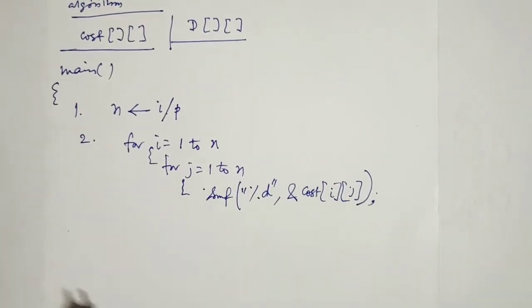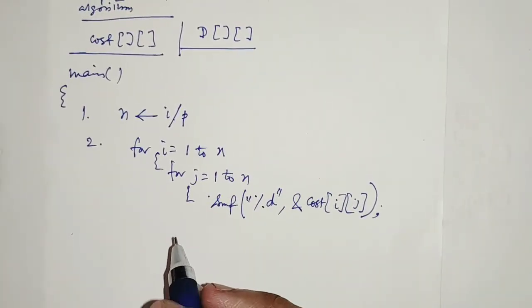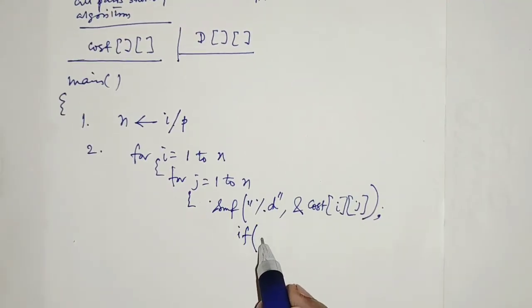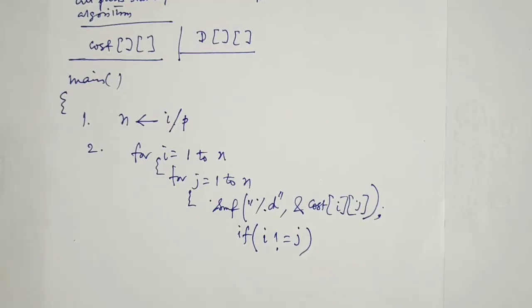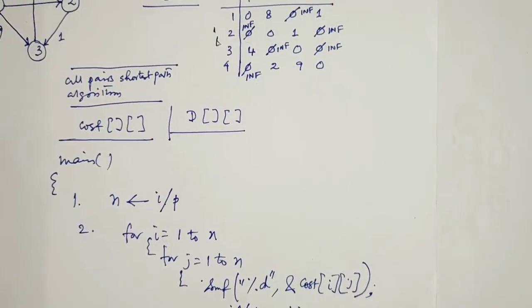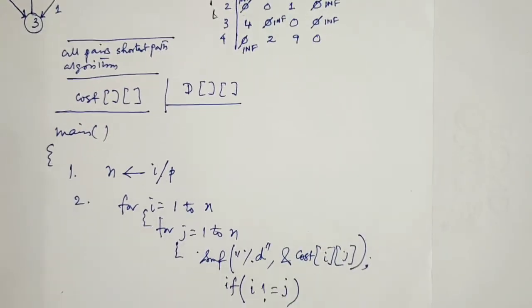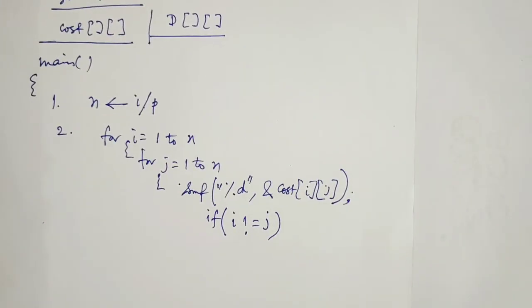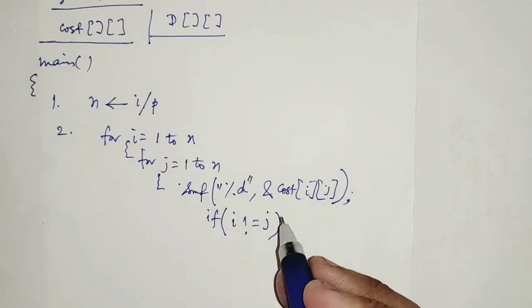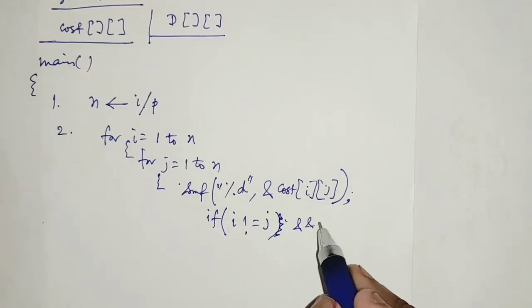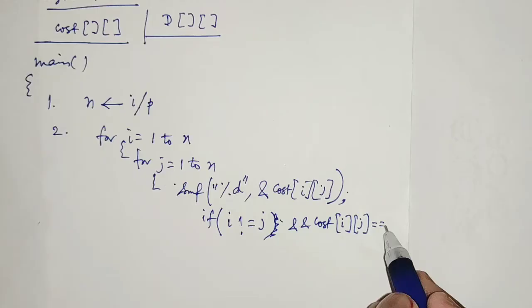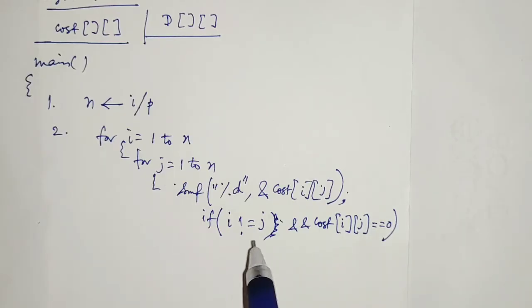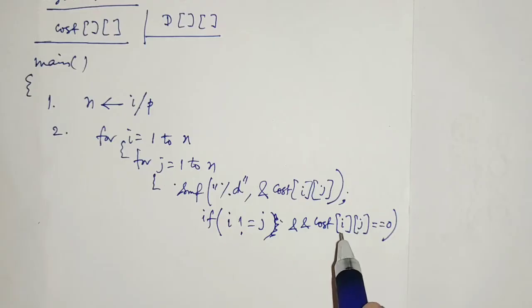That is our objective. So here we have to write it as: if i not equal j, that means the indexes where i is not equal to j. i equal j means principal diagonal. If i not equal j and cost of ij equals 0. So identify the row and column which are not equal and check the ith row jth column value.